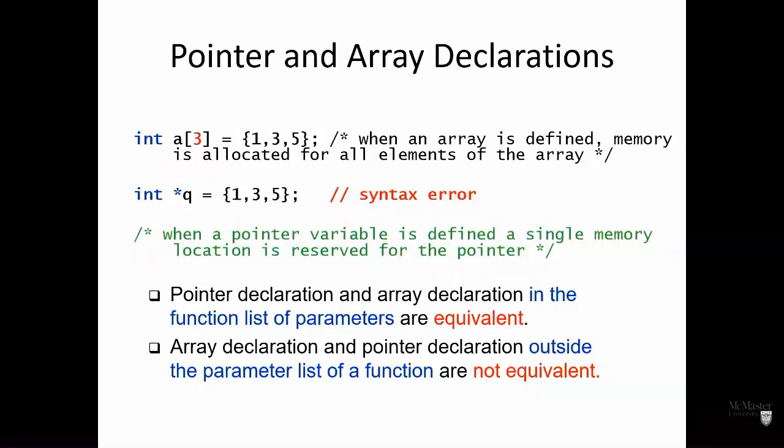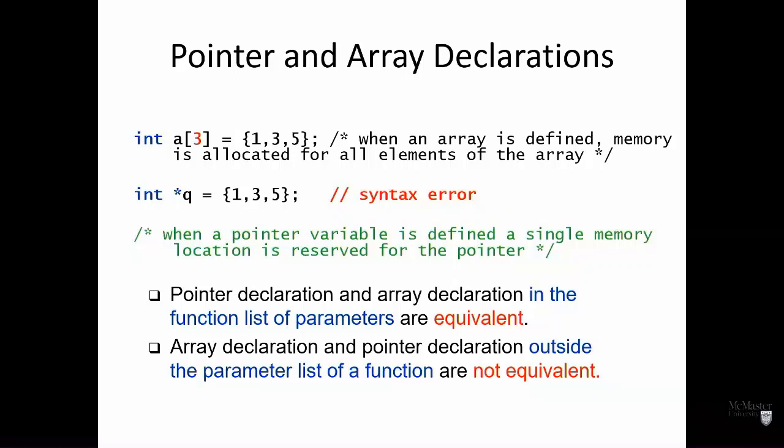We cannot, because q is of type pointer, not an array. So the syntax is different, right? So you cannot say, I want to initialize an array by value 135. But this means nothing, right? q is going to point only to one element, but the array by default holds multiple elements, in fact, the number of elements that you initialize it with. So it can say 135.